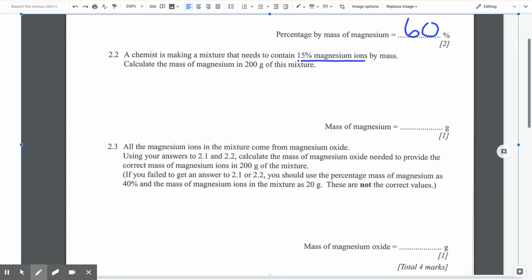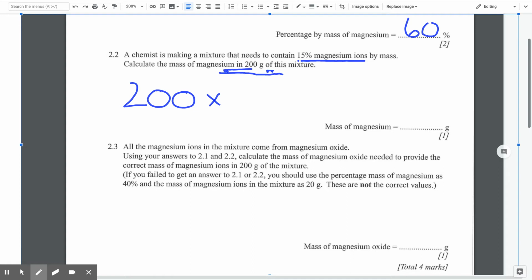be magnesium. And so in order to do that, if I know I have a 200 gram portion of this mixture and 15% of it is going to be magnesium, what is the mass of magnesium that must be in that mixture? So I take my mass of mixture, which is 200 grams, and multiply it by the percentage.